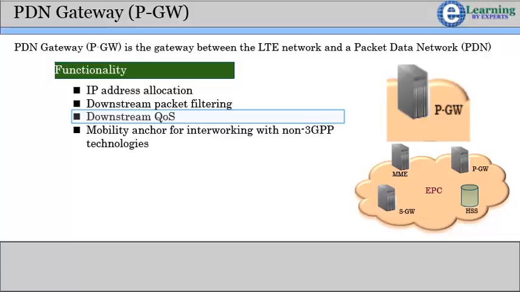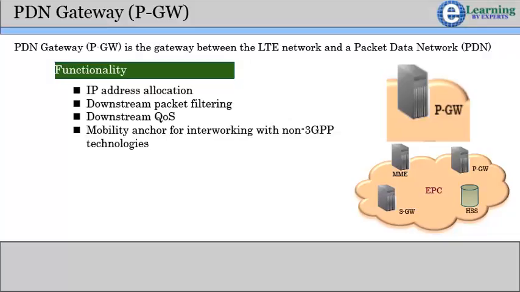The PGW performs QoS enforcement for guaranteed bit rate, GBR, bearers. PGW also serves as a mobility anchor for interworking with non-3GPP technologies such as CDMA2000 and WiMAX networks.